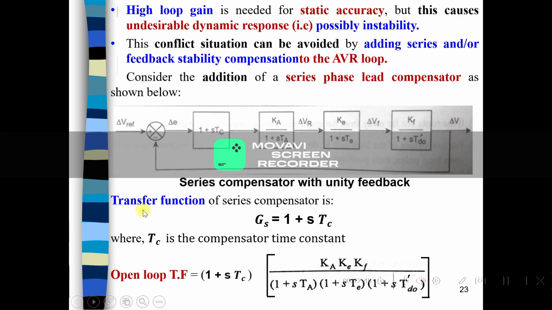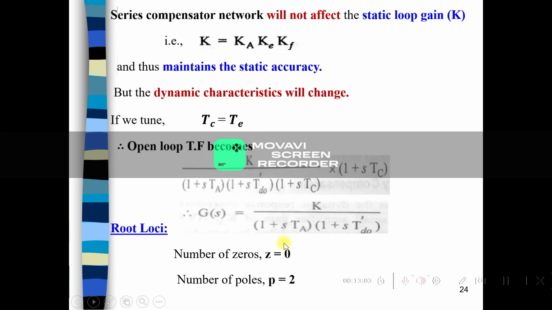The transfer function of the series compensator is G(s) equal to 1 plus sTC. That means series compensator, TC is the compensator time constant. So the open loop transfer function becomes K divided by (1 plus sTA) into (1 plus sTD) and (1 plus sTC).